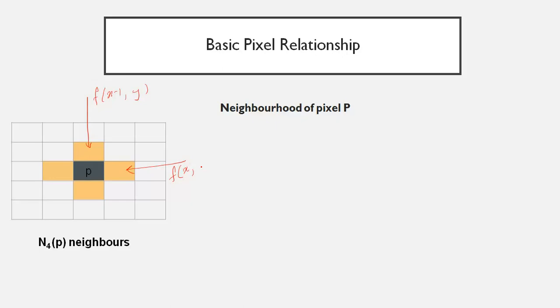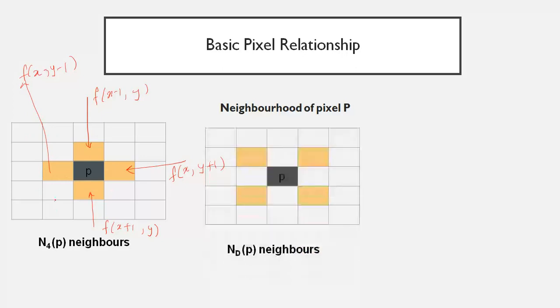Okay, f of x comma y plus 1. This will be f of x plus 1 comma y, and this one will be f of x comma y minus 1. So these are called four neighbors. These are the neighbors in four directions of pixel P.